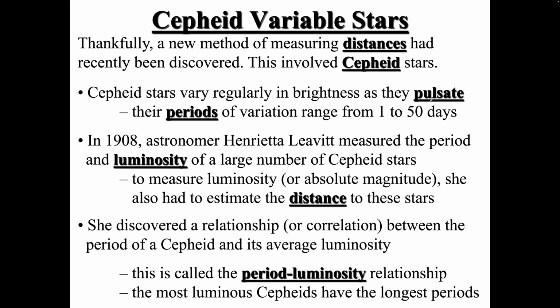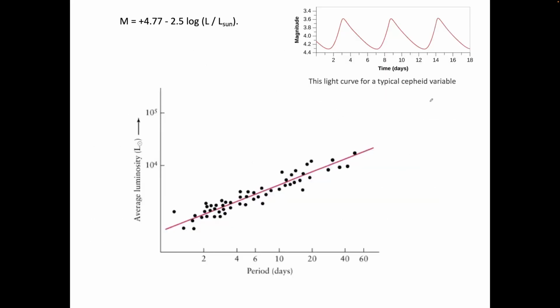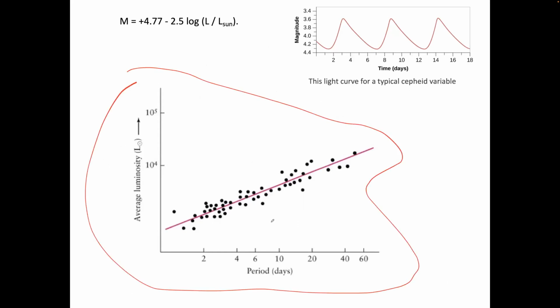What she found was that the most luminous Cepheid stars have the longest periods, while less luminous, less bright stars have shorter periods. Here is her finding, nicely shown in this graph. This axis is the period of those Cepheid stars, and this axis is the average luminosity.